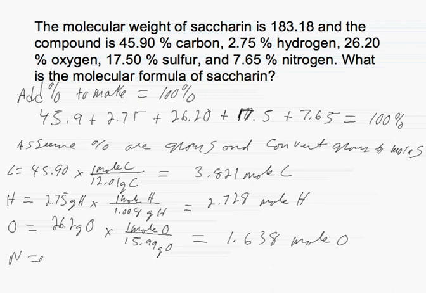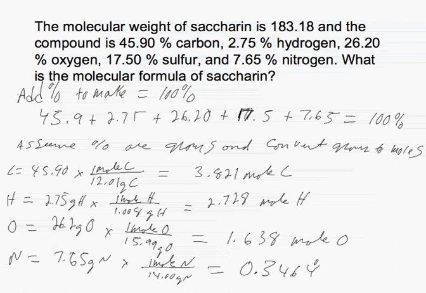For nitrogen, we have 7.65 grams. And we know that for every 1 mole of nitrogen, we have 14 grams of nitrogen, which is going to give us 0.5464.